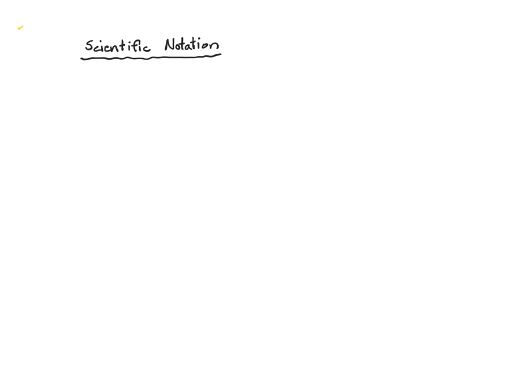For example, if I had a number like this one, which is a number that you are going to be using more than you care to admit by the time this course is over, can you imagine having to type this into your calculator every single time?